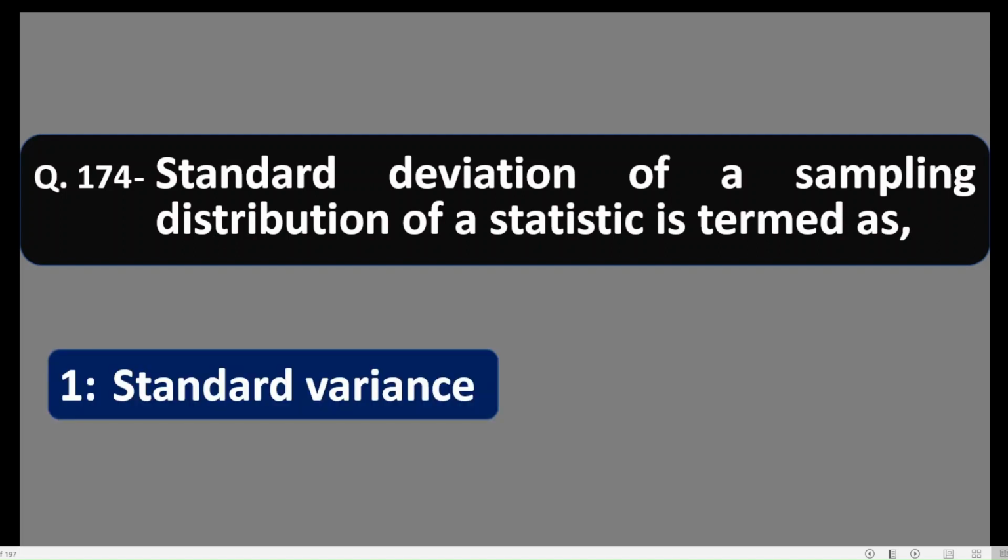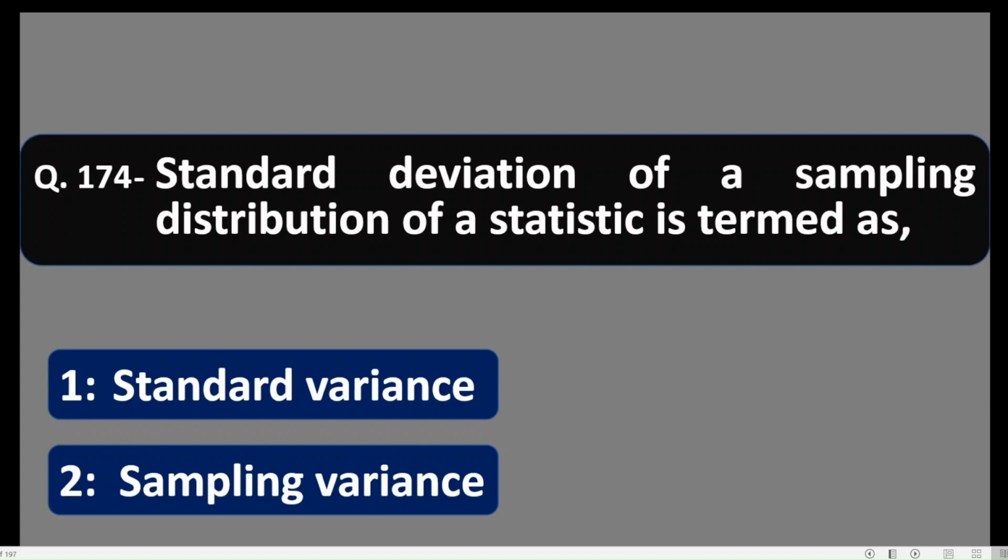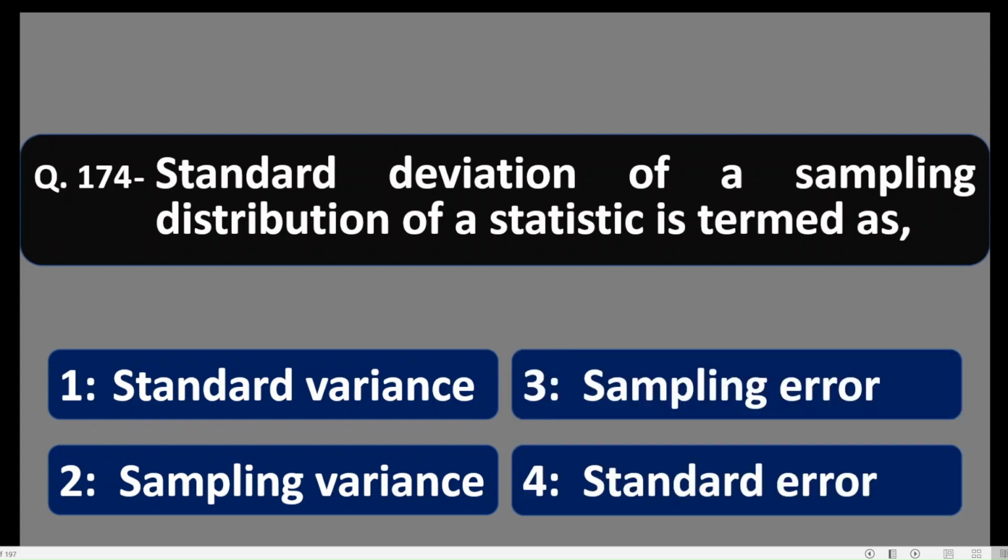Question 174. Standard deviation of a sampling distribution of statistic is termed as: sampling distribution, standard variance, sampling variance, sampling error, and standard error.